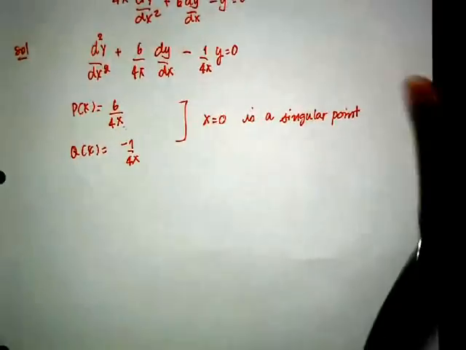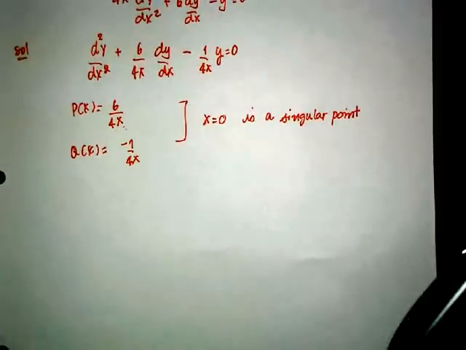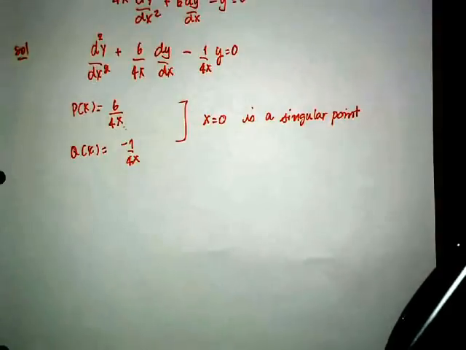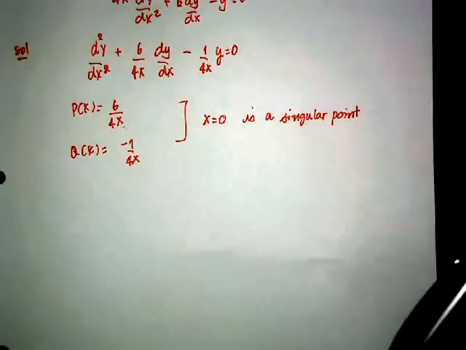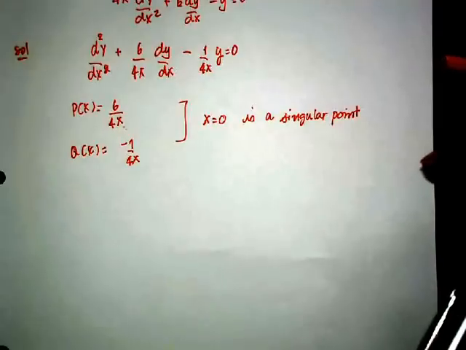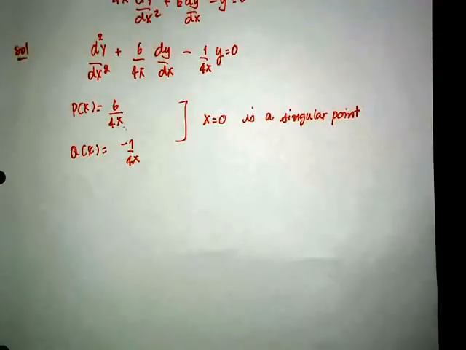Now you know that in that case, the answer that we are going to assume can be the summation of a_n (x minus x0) to the power n, because that one is just for the ordinary point. Now we know that our x equal to 0 is a singular point.